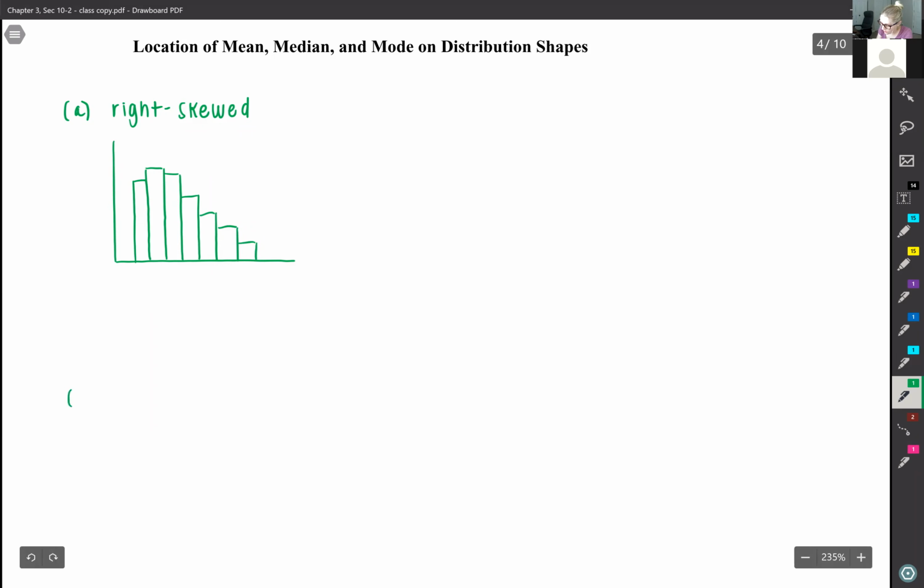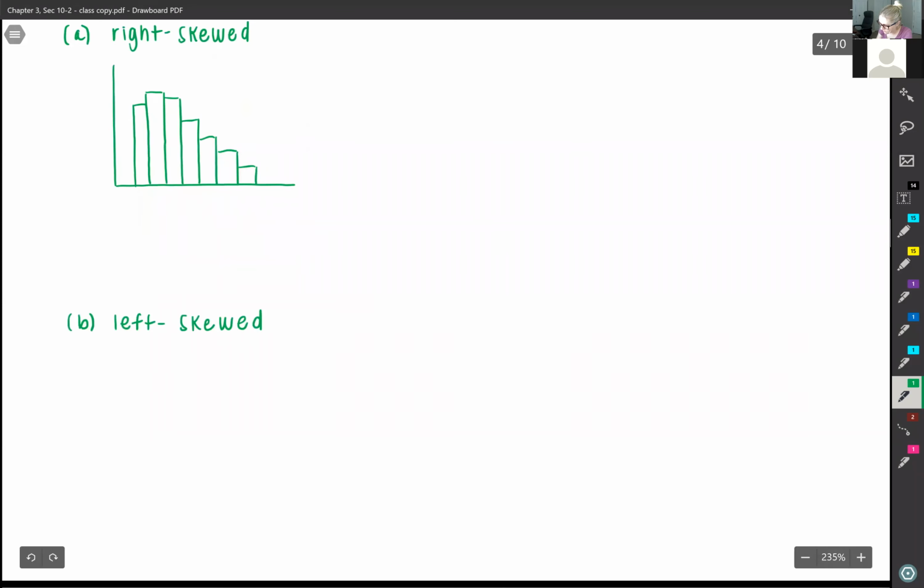So next, I'll draw a left skewed. So left skewed just means that the tail goes out to the left side.